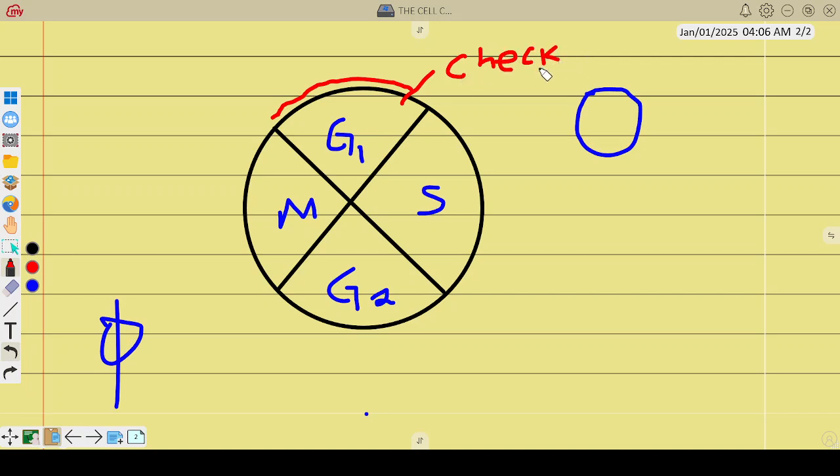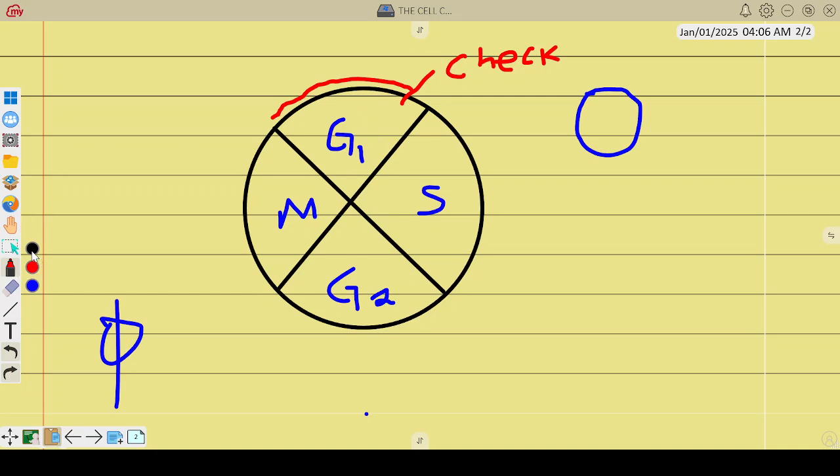A checkpoint is where the cell will hold the processing and take a short break, like, hey, is everything okay here? G1 wants to change to S, so can we allow it to proceed? At the checkpoint, the cell checks if all is well. In the G1 phase, this is the gap phase, but like I said, I like mentioning it as growth phase.